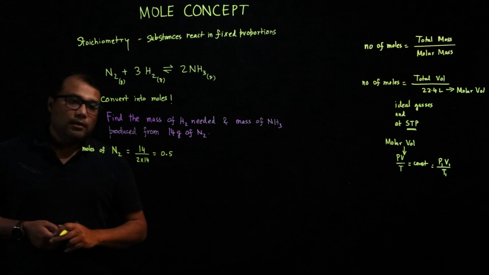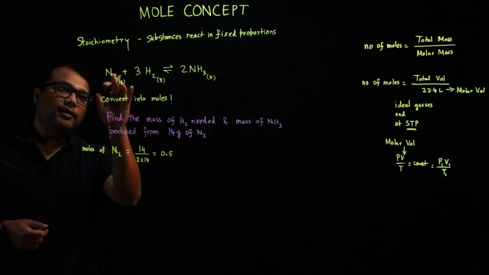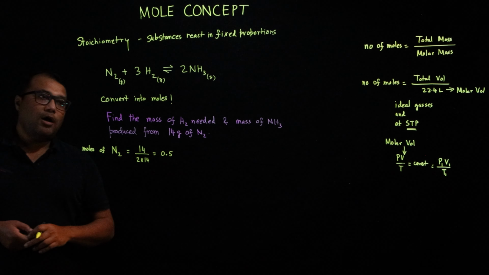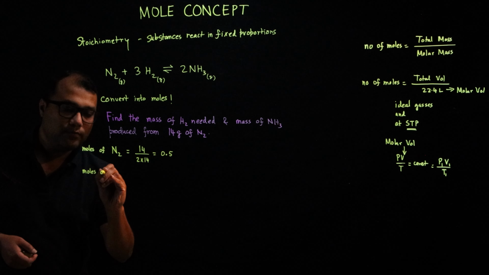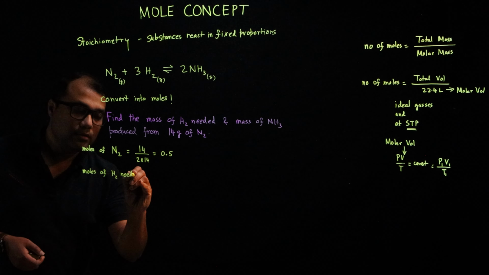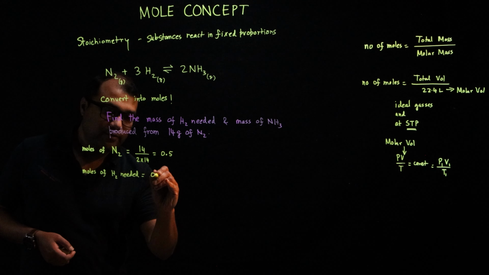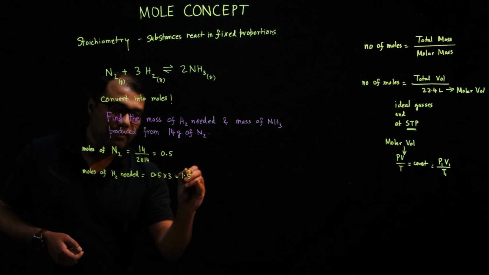Now if 1 mole of nitrogen needs 3 moles of hydrogen, how many moles of hydrogen are needed? 1 needs 3, so 0.5 will need 0.5 times 3, or 1.5 moles of hydrogen.